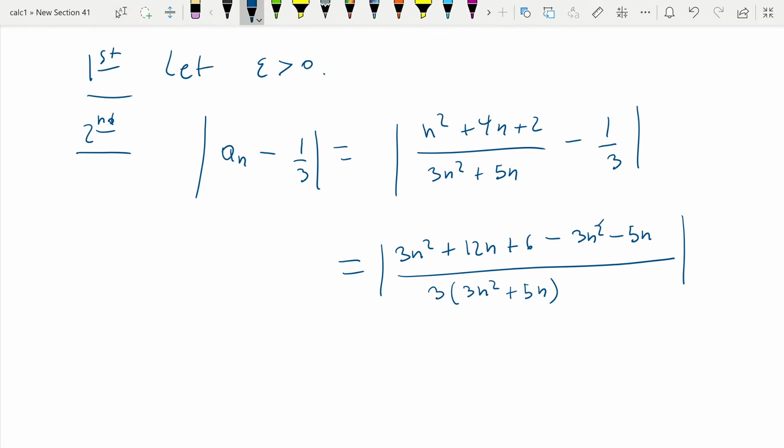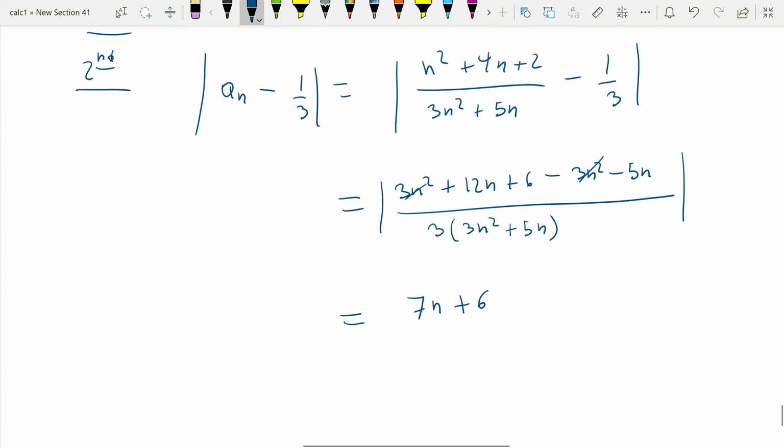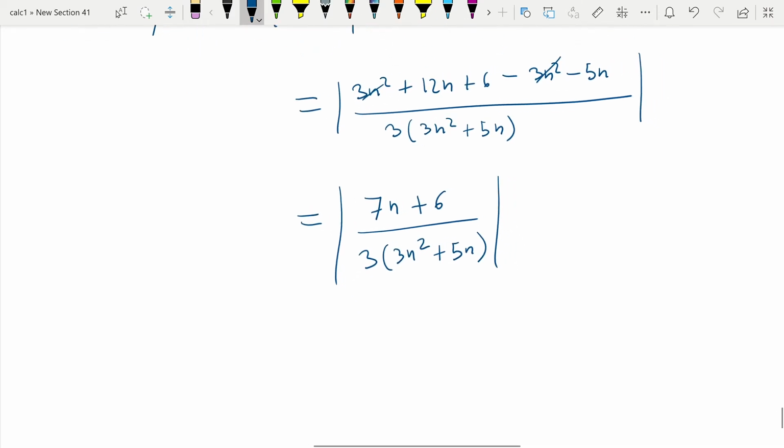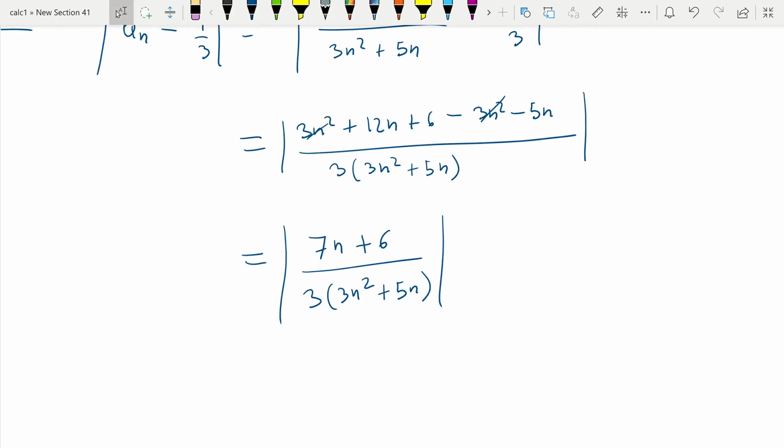Not surprisingly, the 3n squared will cancel out, so this is going to be equal to 12n minus 5n is 7n, so 7n plus 6, all of that divided by 3 times 3n squared plus 5n, in absolute value. And we want this to be smaller than epsilon, remember?